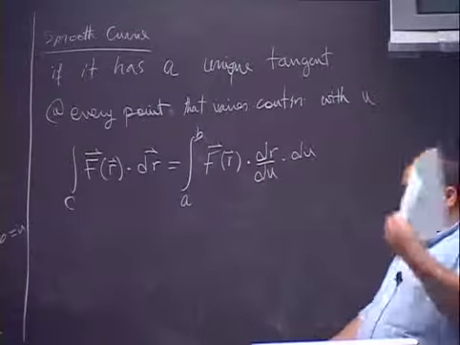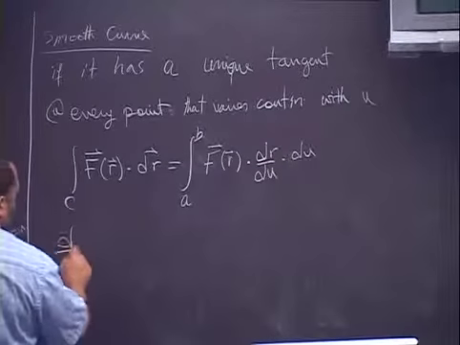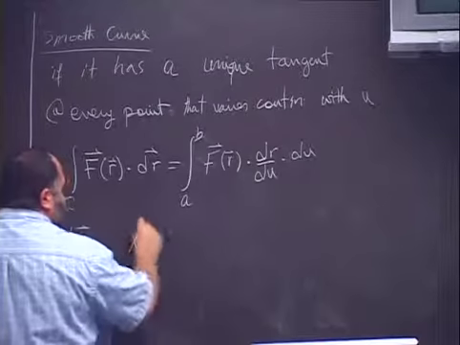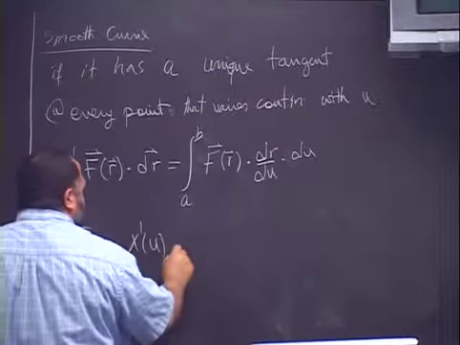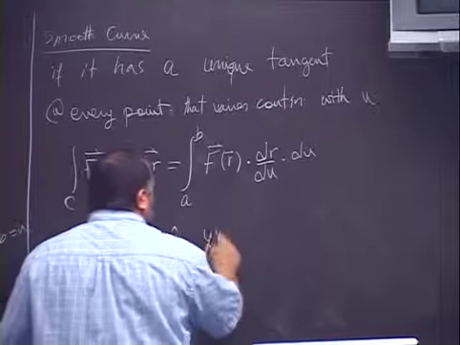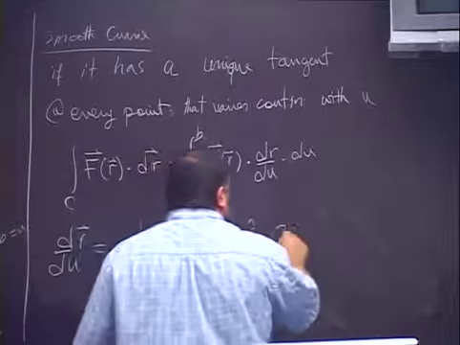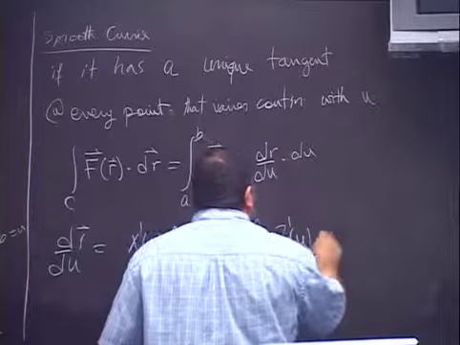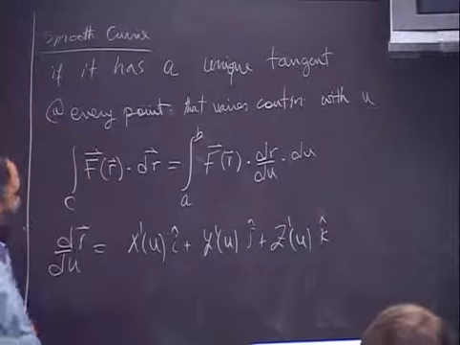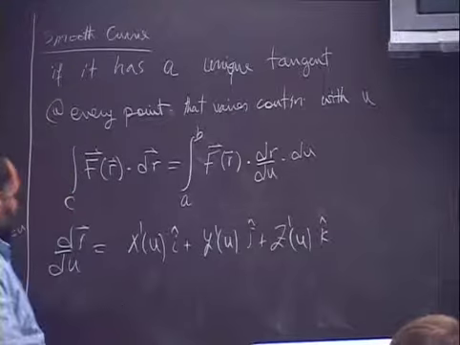What's dr by du? From here, dr by du is just equal to x prime of u in the i direction plus y prime of u in the j direction plus z prime of u in the k direction.